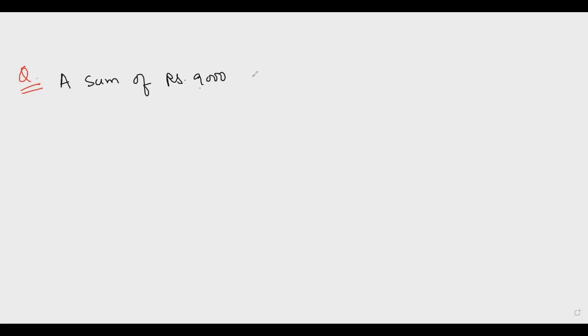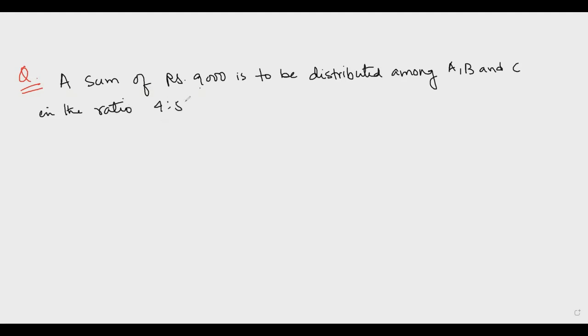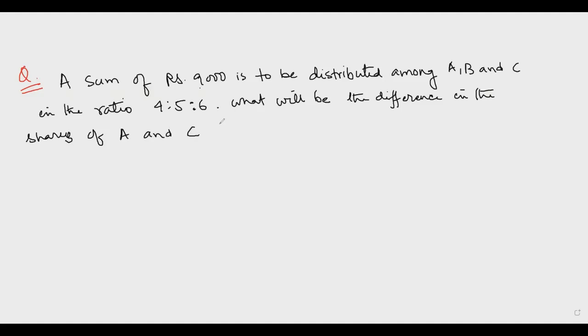See, this is 9,000. Please find this value. 9,000 is distributed among A, B, and C in the ratio of 4, 5, and 6.